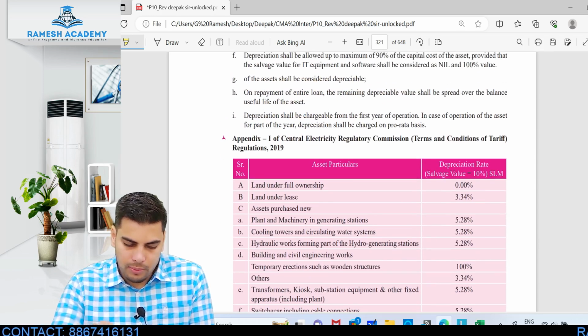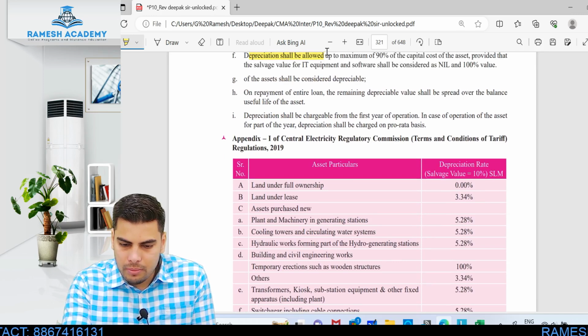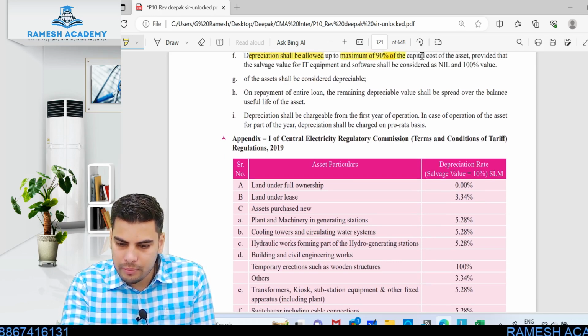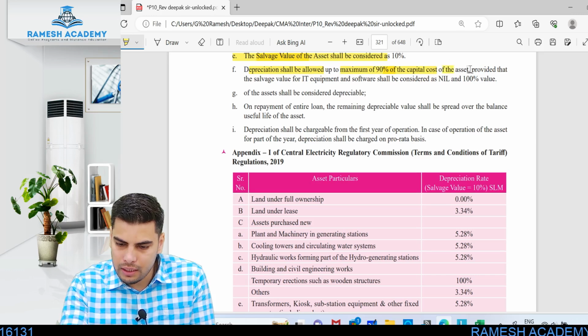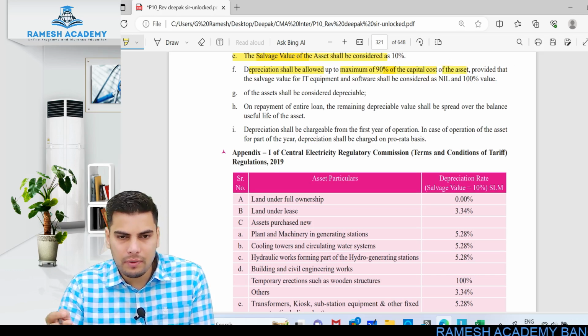Then the next point is depreciation shall be allowed up to a maximum of 90% of the capital cost of the asset. The reason is 10% will be treated as salvage value, right? So we will charge depreciation only on the remaining 90%.